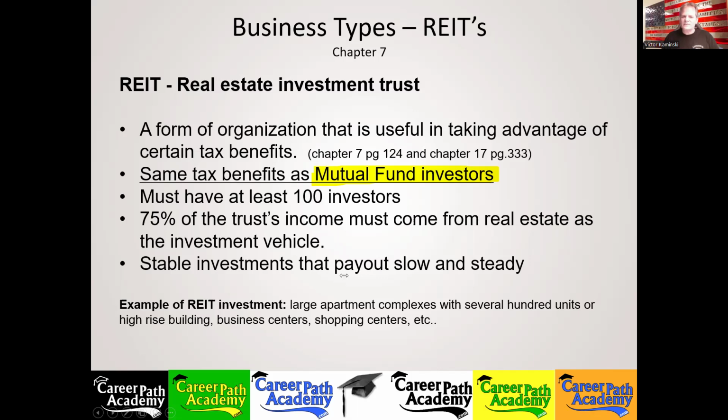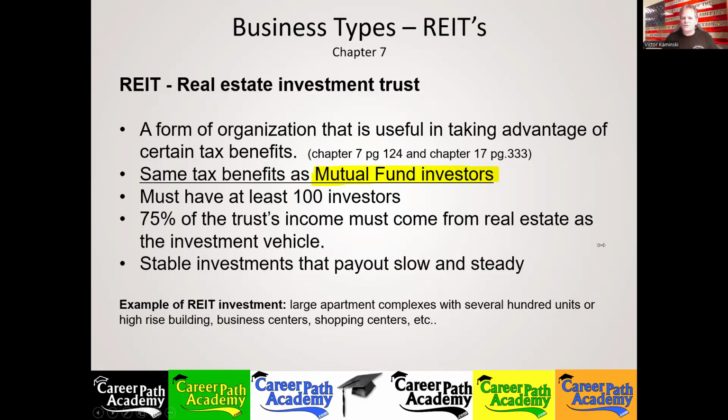So it's a stable investment that pays out slow and steady. REITs usually invest in buying large apartment complexes or shopping centers or things of that nature that have a lot of tenants. They're usually big investments, but it's a real estate investment.